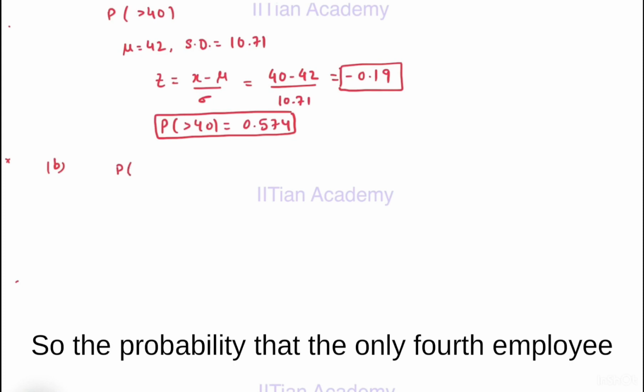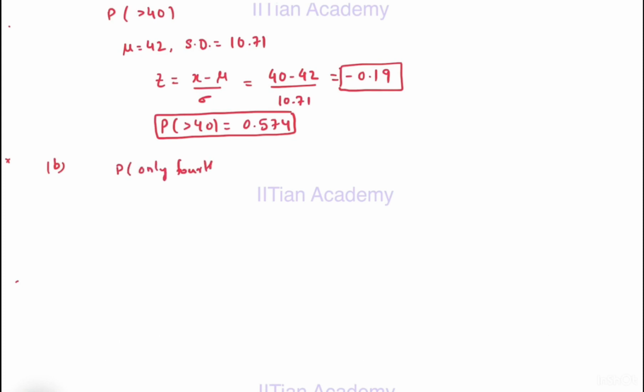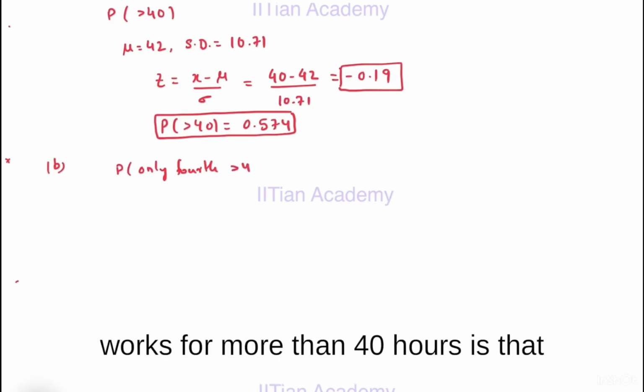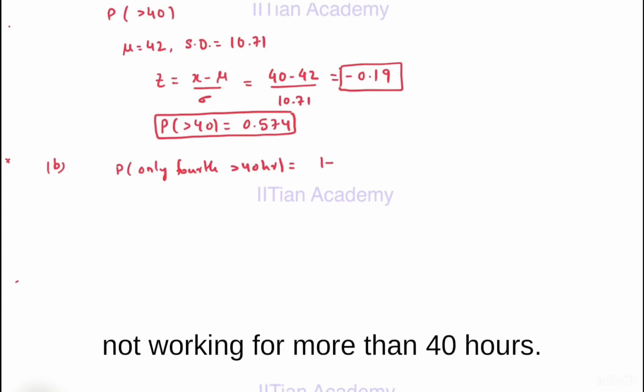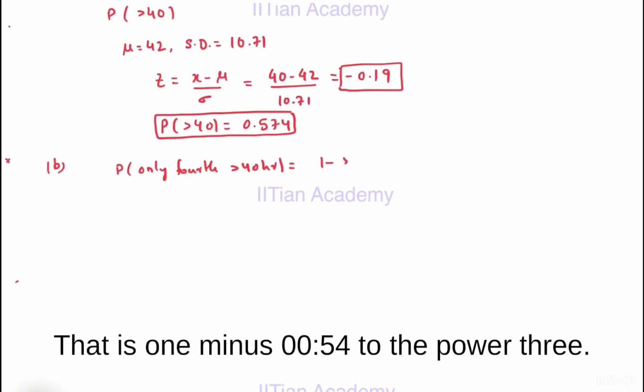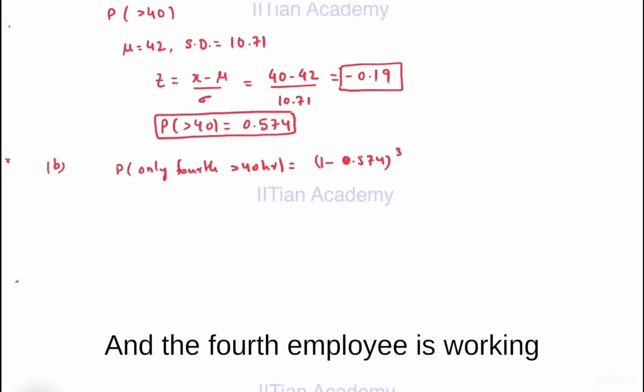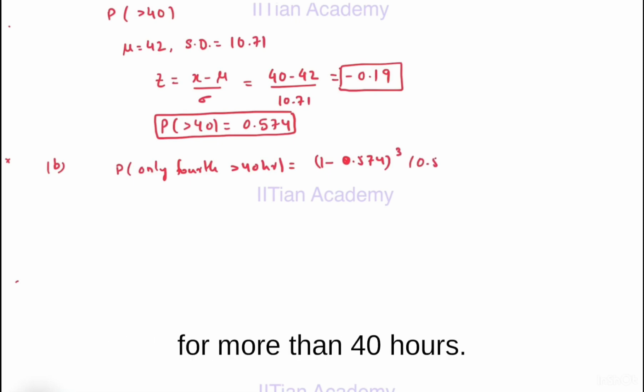So the probability that only the 4th employee works for more than 40 hours is 1 minus the probability that the 3 employees are working for more than 40 hours, that is (1 minus 0.574) to the power 3, and the 4th employee is working for more than 40 hours.